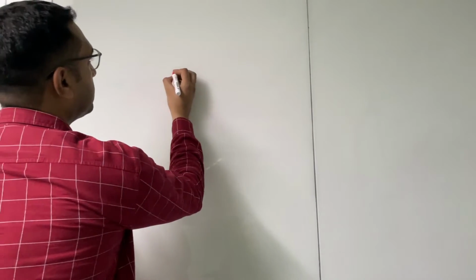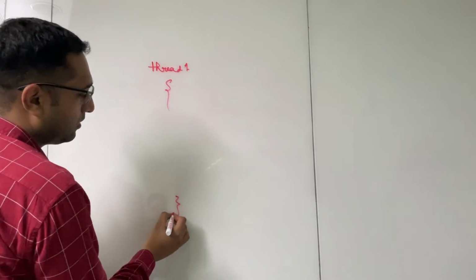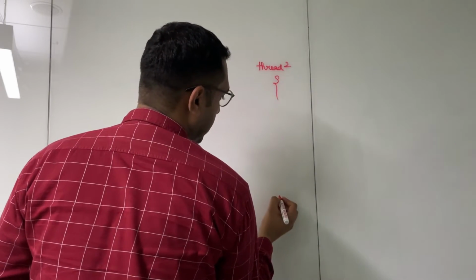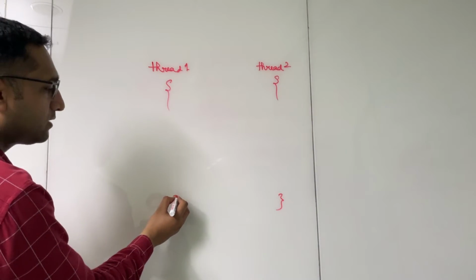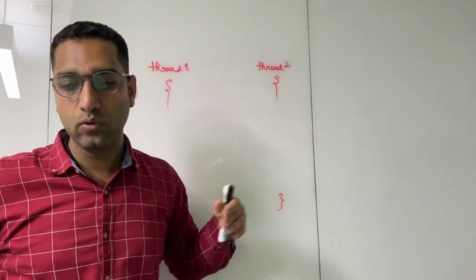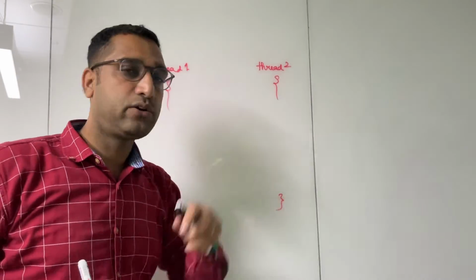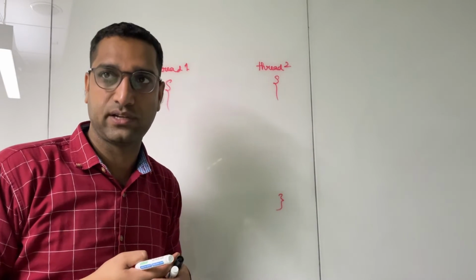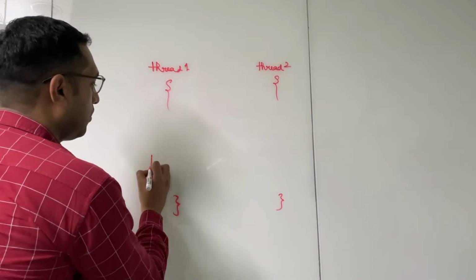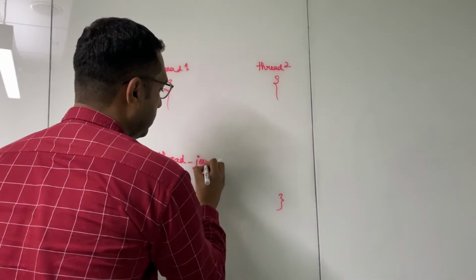Let's say thread 1 is in execution someplace in the code, and thread 2 is in execution in some other place in the code, and thread 1 decides that it will not conclude its own execution. It doesn't want to terminate before thread 2 does. It wants thread 2 to terminate first. In that particular case, it can make a call called pthread_join here.